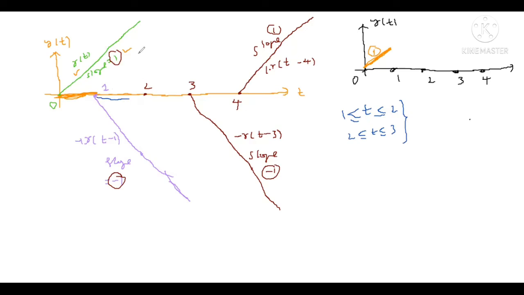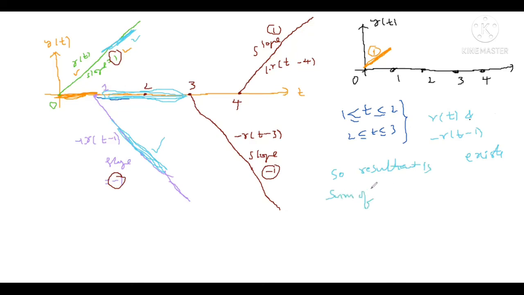Now consider the interval between 1 to 2 and 2 to 3. In this interval we have two signals, r of t and minus r of t minus 1. So the resultant signal in between these two intervals is r of t minus r of t minus 1; that is, we have to add the two slopes.